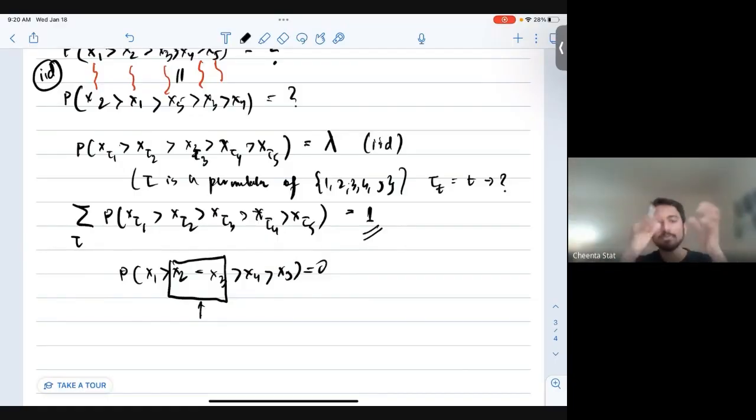So with probability 1 there will always be an order in the random variables, because they are IID continuous. Since we are taking all possible permutations, the sum is equal to 1. This is happening due to the continuous distribution.